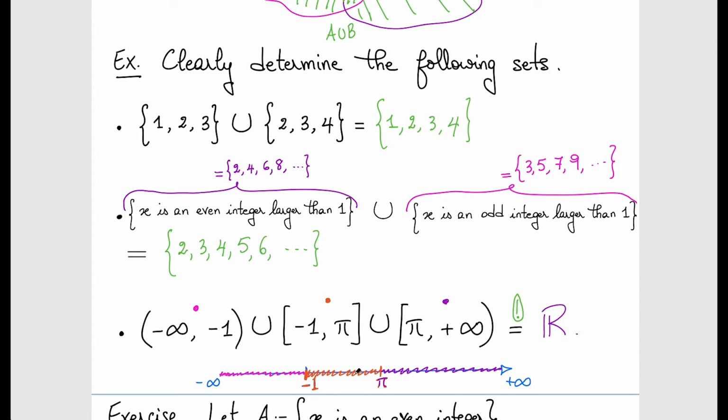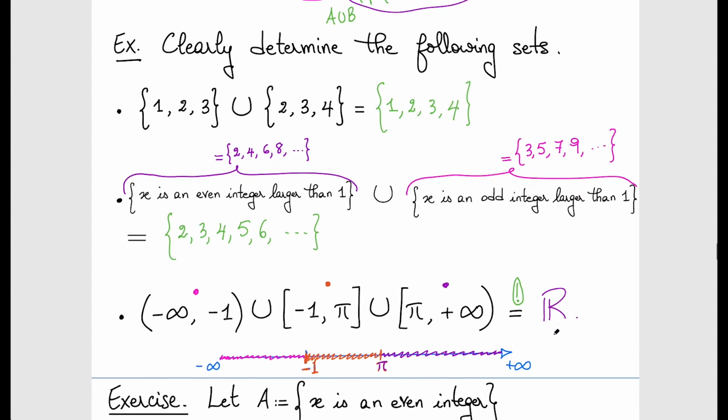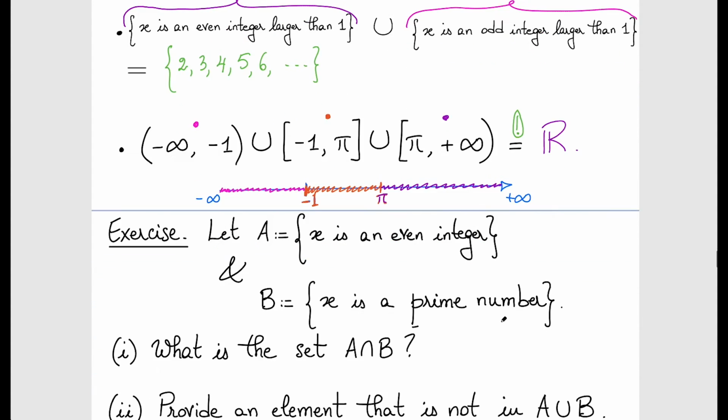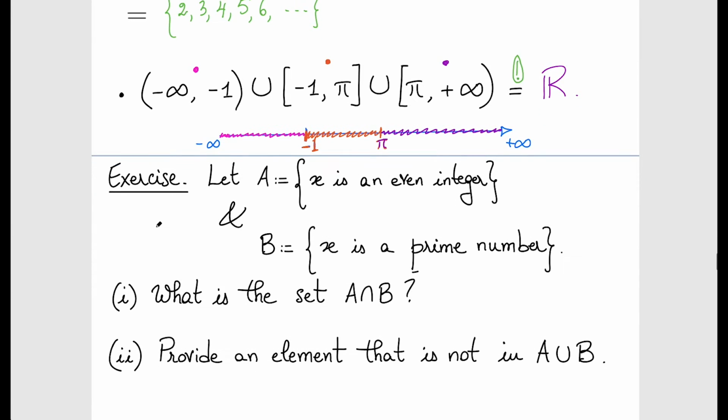So any guy that has a color is gonna be part of the union. Well, look at it. Any guy here on the number line is either pink, orange, or purple. So that's why you get everything.